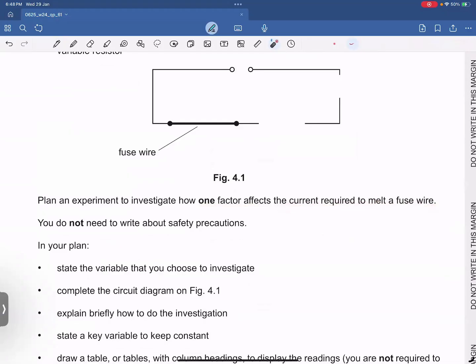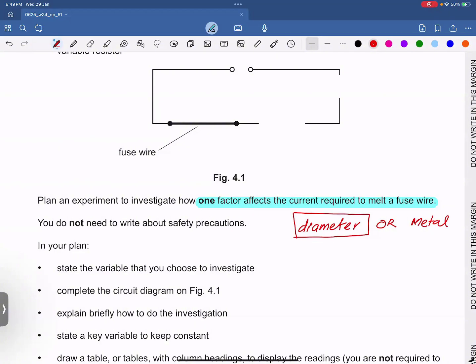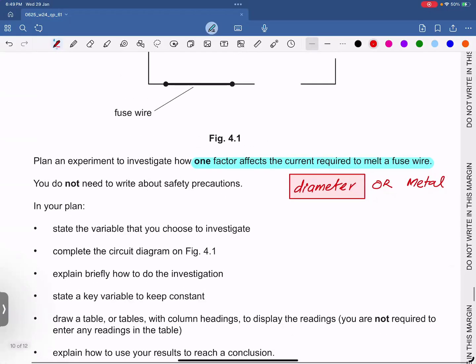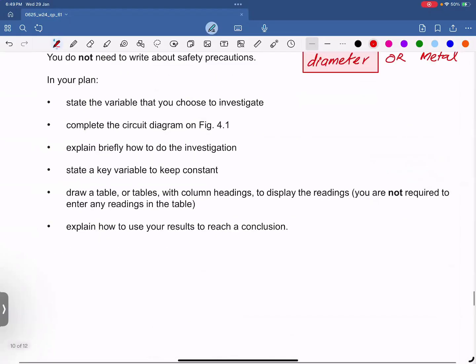Okay. So we have two options to investigate this question. How many options? Two options. One option is either you can use independent variable as diameter, or you can use the nature of material of wire. So certainly I will go with diameter in this case. First of all, state the variable that you choose to investigate.